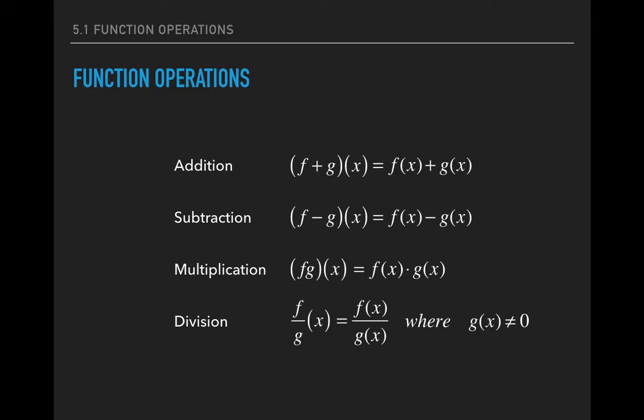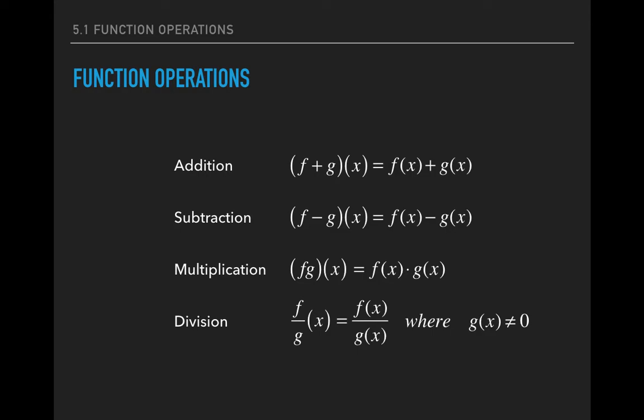If you have f minus g of x, it's the function f minus the function g. If you have f times g of x, you just take those two functions and multiply them together. Similarly, if you have f divided by g of x, it's the function f divided by g. Now, the only stipulation there with division is that g of x, that denominator, you cannot let that equal 0.